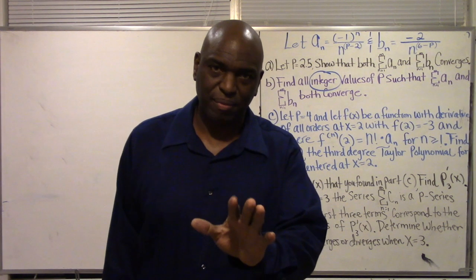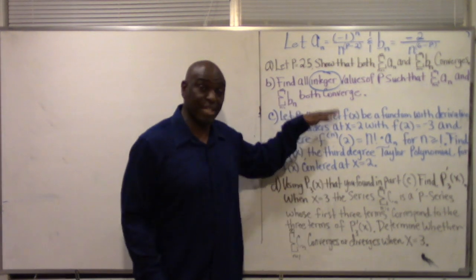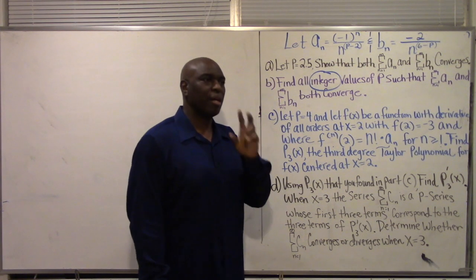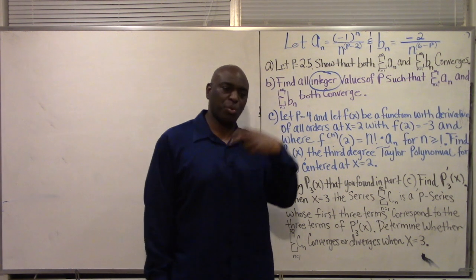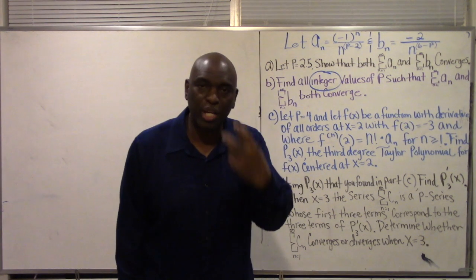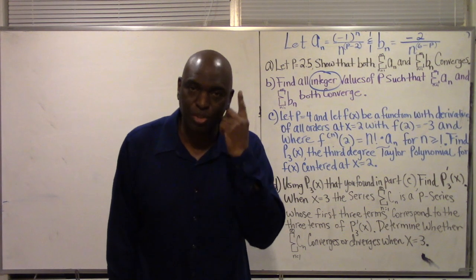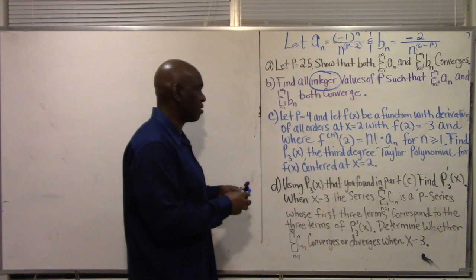Just relax. Breathe. Take it easy. When you see a question of this magnitude that's rich in content, start by asking yourself the question, what do they want me to do? What are they asking me to do? Let's see. Here it is.